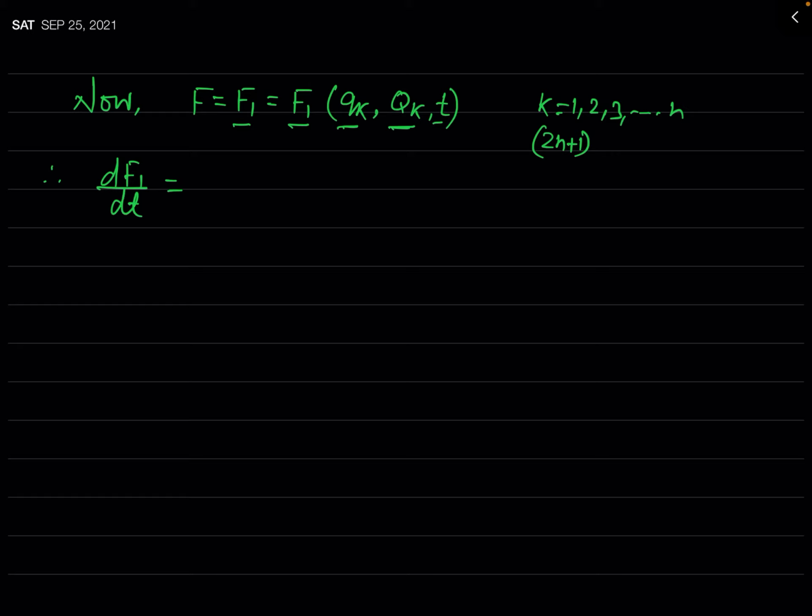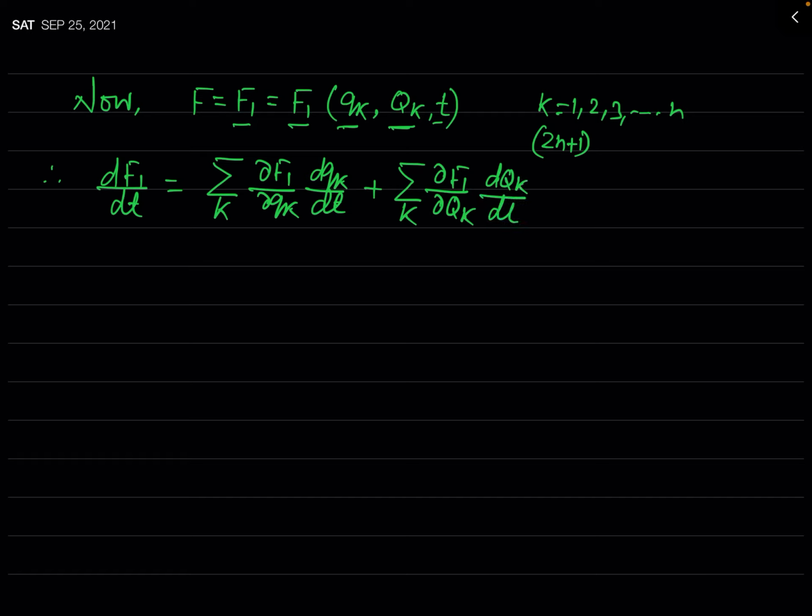So this will be equal to summation over k del f1 by del qk. And can you say what will be the product of it? This will be dqk by dt, because finally we have to differentiate with respect to t, and plus now the second term will be summation over k del f1 by del capital Qk and d capital Qk by dt.